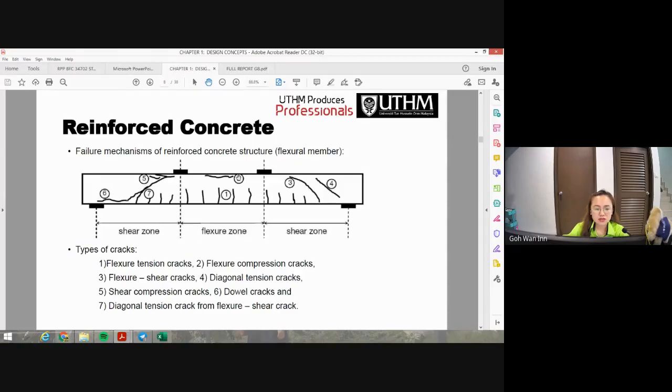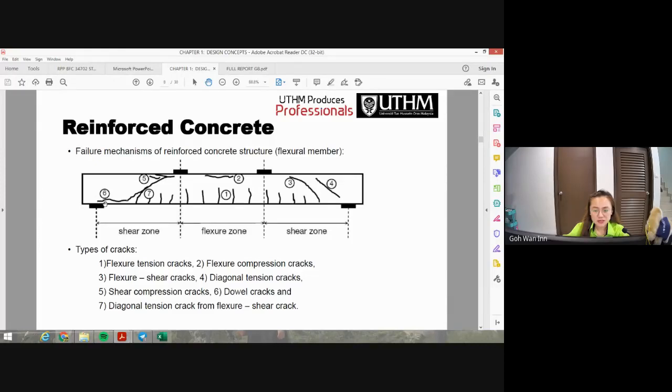So number 2, the crack here is the flexural compression crack. The top, as I said, experiences compression, and the bottom is tension. Number 3 is the shear cracks, number 4 here is diagonal tension crack, and number 5 here is a shear compression crack.